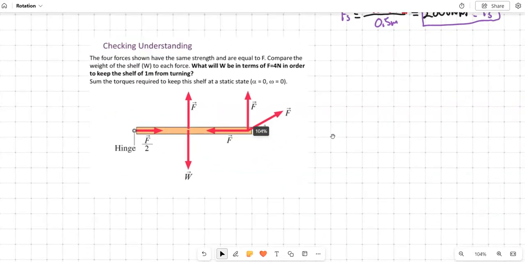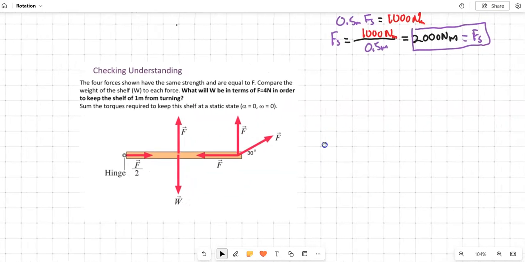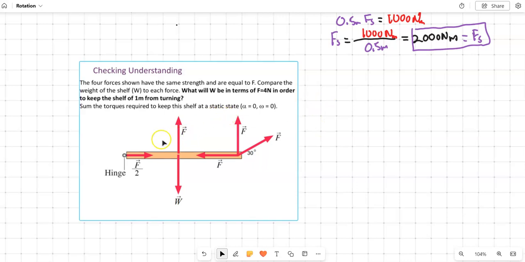Here's another problem. This is more of a conceptual problem, but it's a lot more involved. This time, we're just going to concentrate on summing the torques. Let's suppose you're looking at a shelf on a wall, and the shelf is attached right here by a hinge.